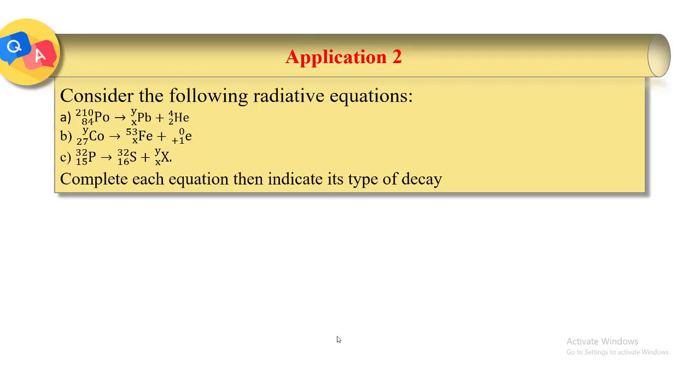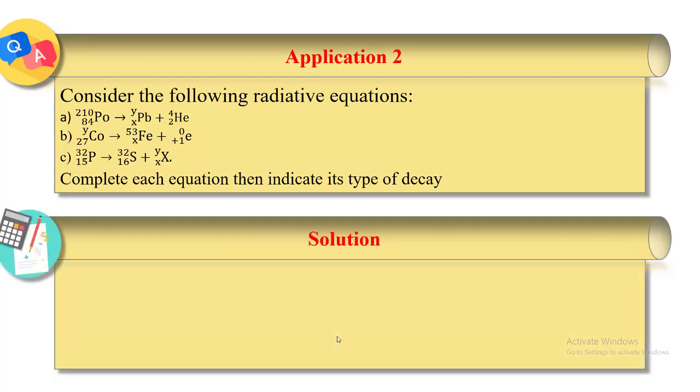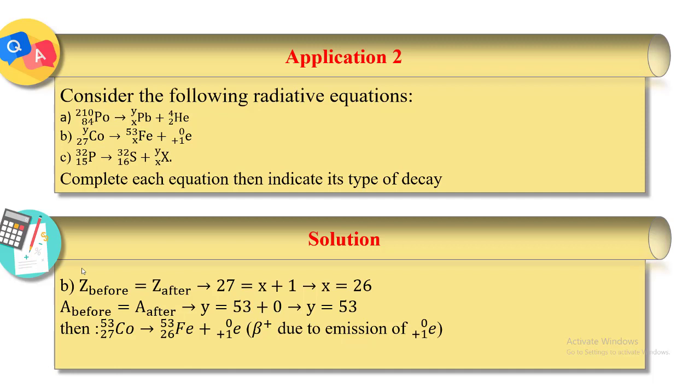For the second equation, we apply the same laws. We have 27 protons equal to X plus 1. I find X and it is equal to 26. In the same way for the mass number, we have 53 plus 0 is equal to Y, then Y is equal to 53.